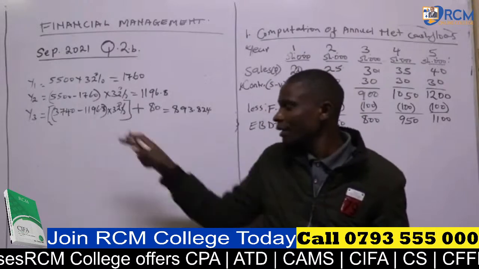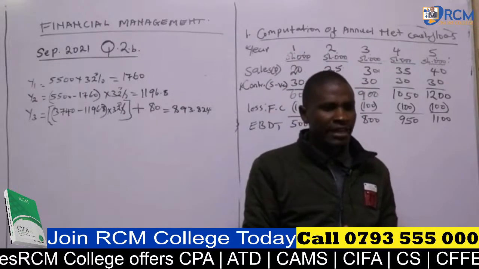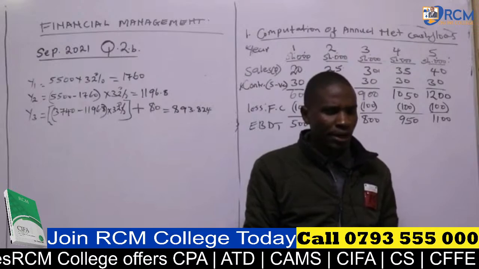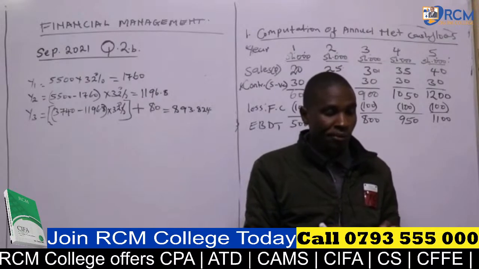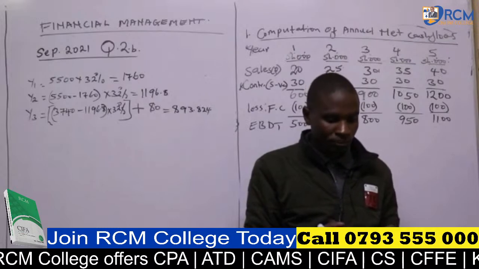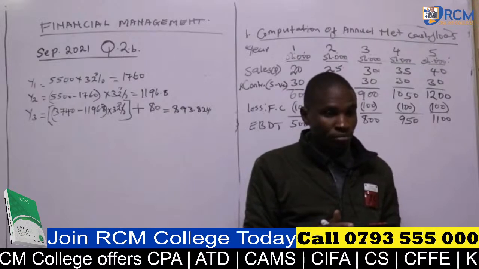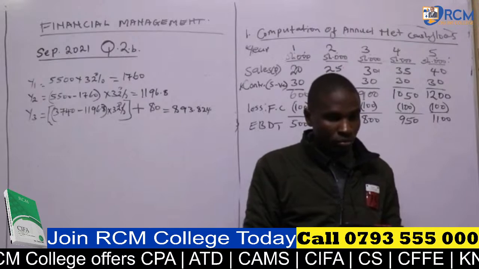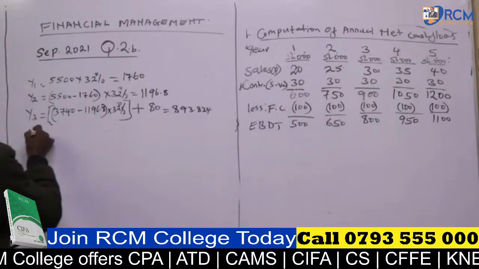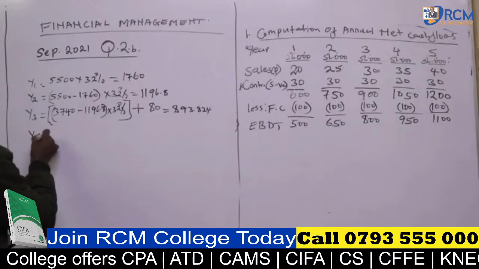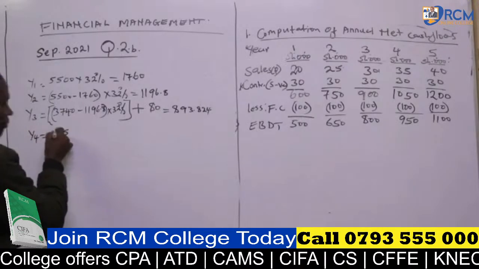Nipe difference hapa. 2543.2. So year 4 will be equal to 2543.2.